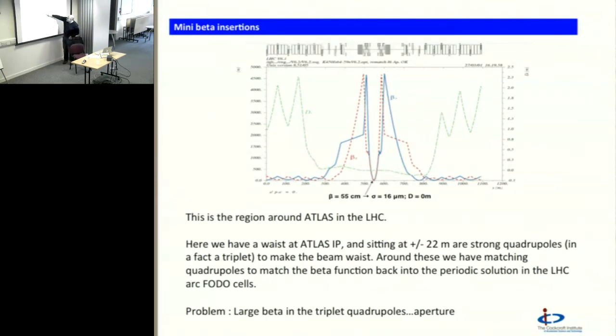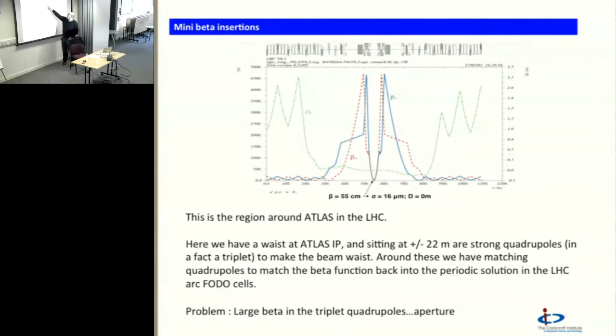Beta then rises quadratically, very high. We then catch it in some focusing quadrupoles to turn it back over. Then we've got the beta here, the beta here. We have to make them join up, it's a continuous function. We stick some extra quads in here to match the periodic solution into our mini beta solution. And that basically is how you design the LHC, with a few extra complexities on top. That's a basic linear idea.